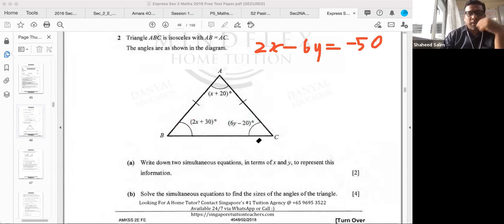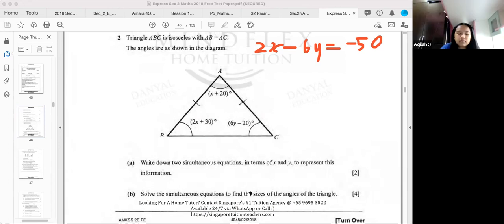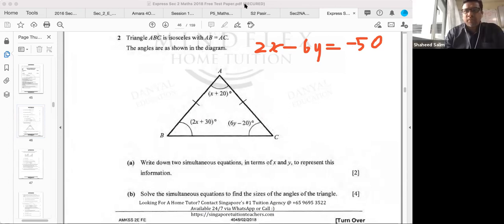What other characteristic of a triangle do you know of? All three angles add up to 180.